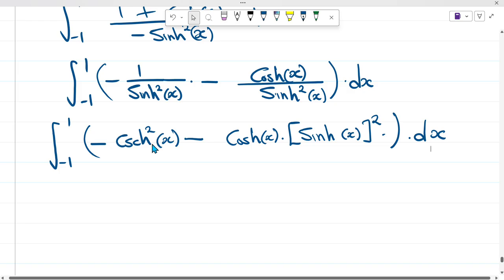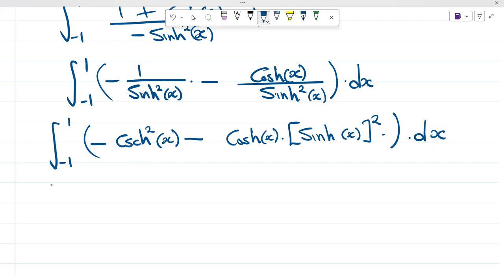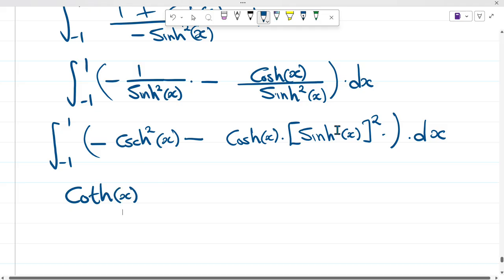When you try to remember that, you'll realize that the one that was differentiated to get negative hyperbolic cosec squared is positive hyperbolic cot, right? So that means the answer for this is positive hyperbolic cot of x. And then we analyze.